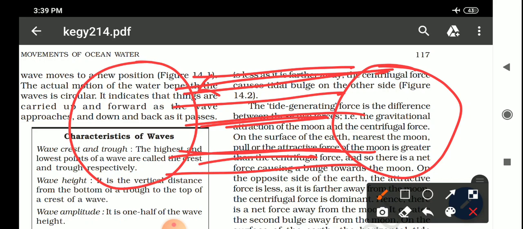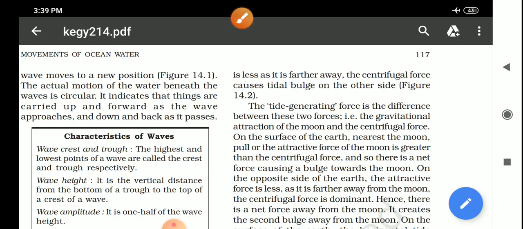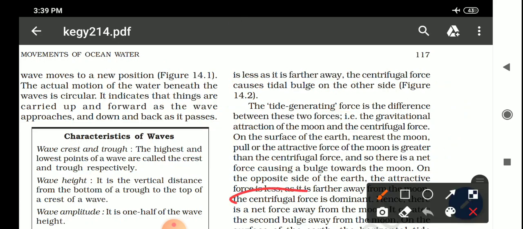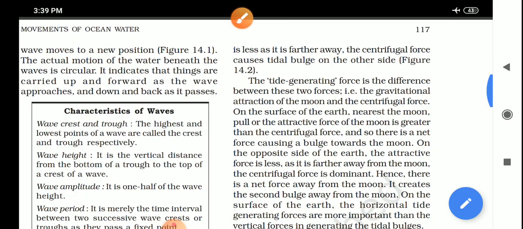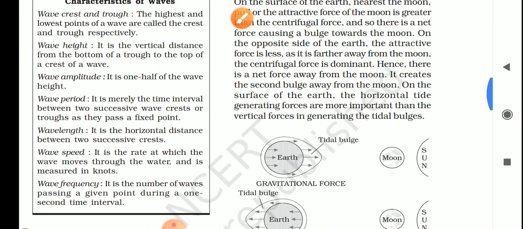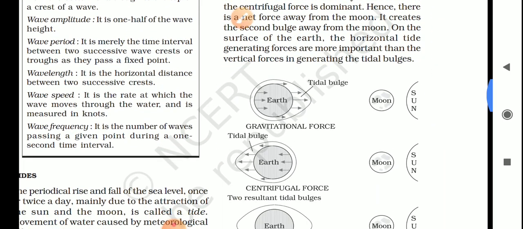What does it call? Centrifugal force. You can see here, this is the centrifugal force.